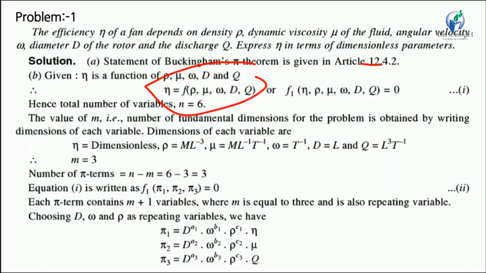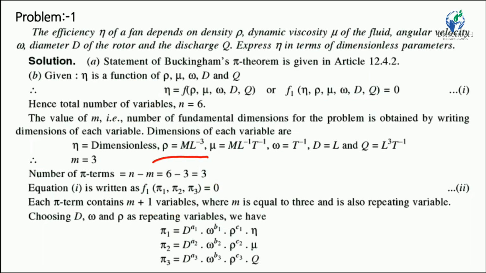The number of variables is 6 and the fundamental dimensions have a value of 3: M, L and T. So 3. So the required number of pi terms is n minus m. So we have to write 3 pi terms to solve this problem.